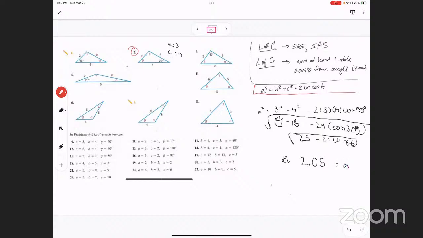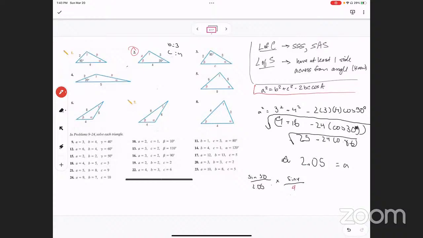Now we can use the law of sines. So is this over 4?